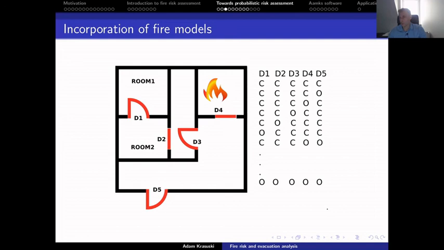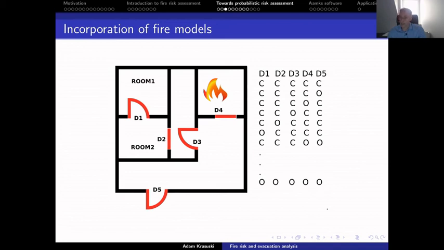So, for example, we can perform each of the combinations. For example, for the doors, we can create the fire scenario and calculate this in our fire and evacuation model. So we can perform the simulation for each of the possible fire scenarios, and then try to group them according to the consequences, and try to find the probability of each consequence.